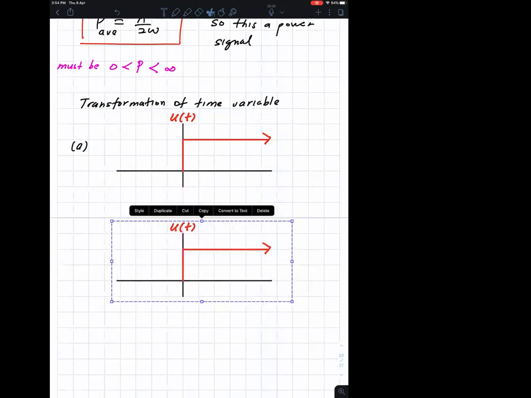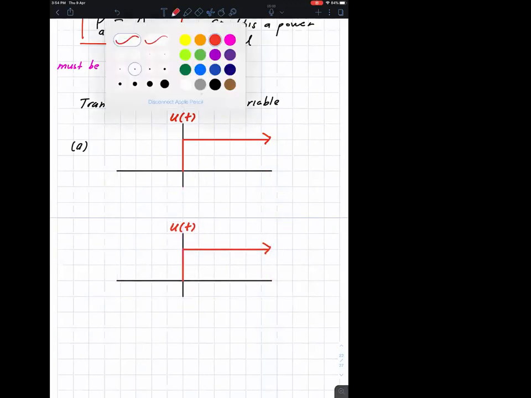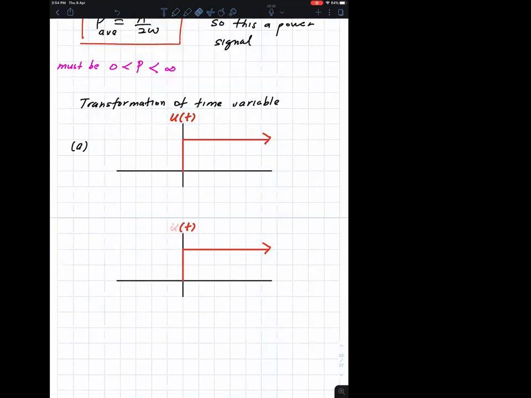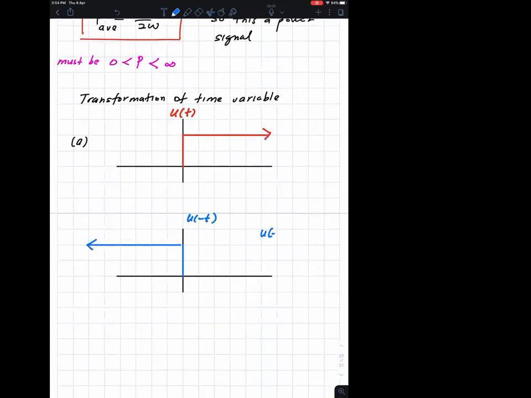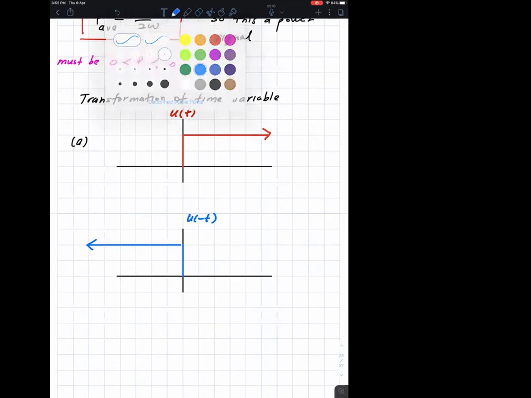Time inversion: if I make this negative, u of minus t is going to give you a time inversion. The signal is going to go this way.